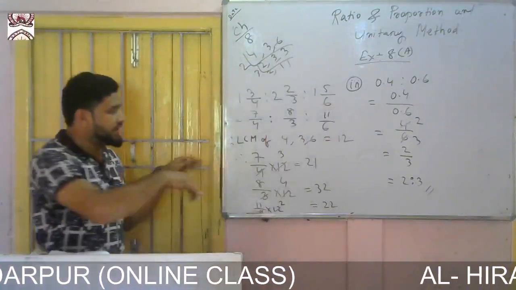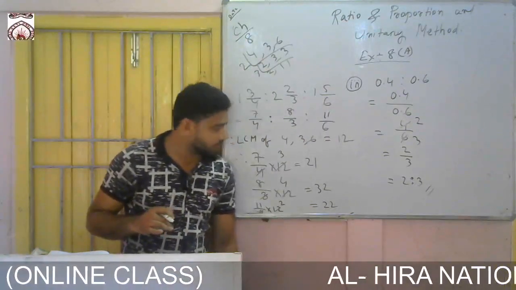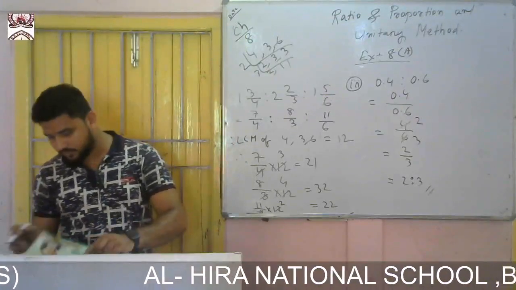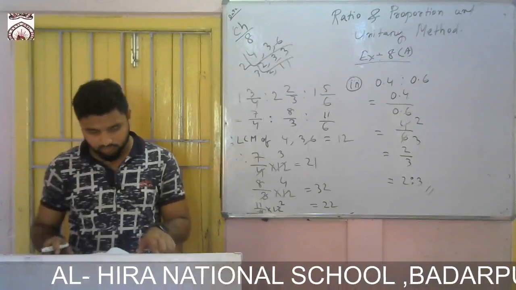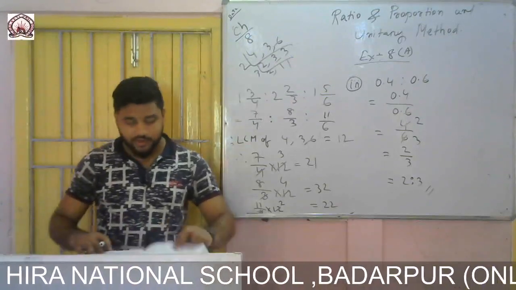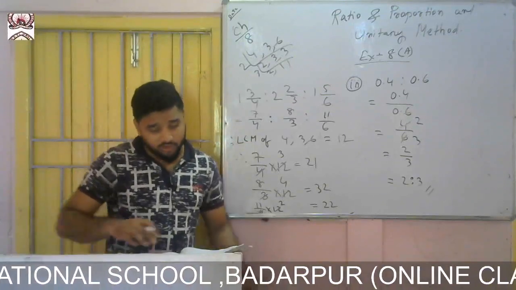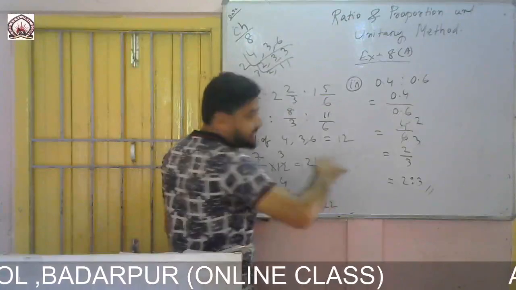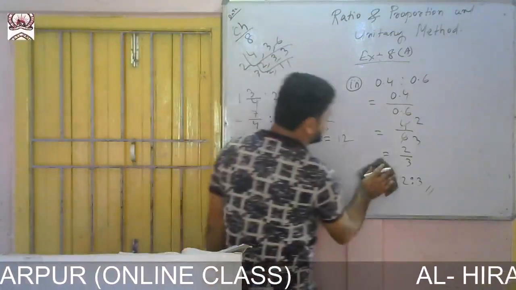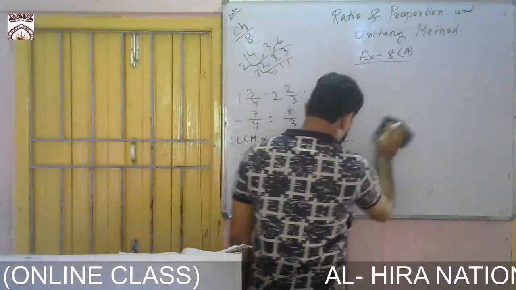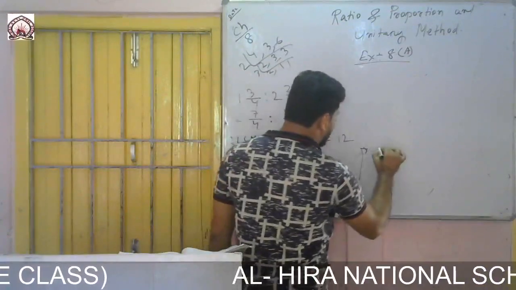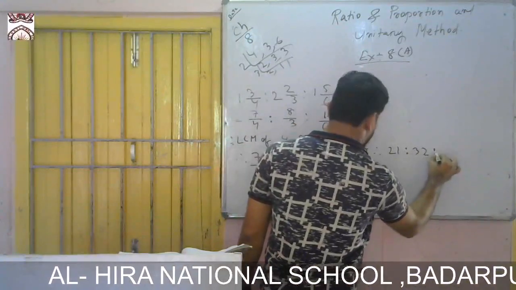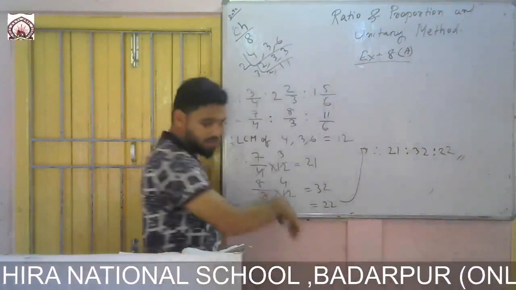So we got 21, 32 and 22. Therefore 21 is to 32 is to 22, that is the answer.